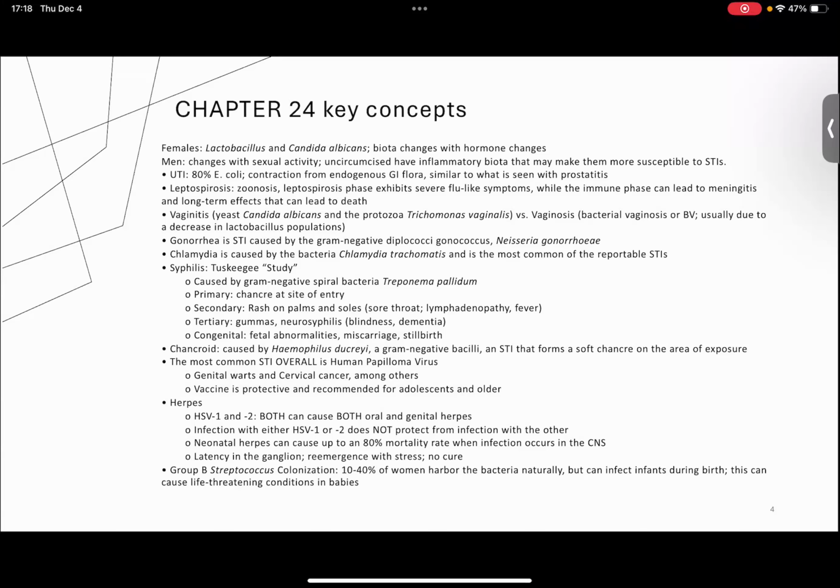This particular subspecies that causes the STI chlamydia is a different subtype than the one associated with trachoma. They're both Chlamydia trachomatis, but one subtype causes chlamydia. The other subtype is associated with trachoma, which is blindness. They both can cause the same thing, but one's more common. It's kind of like when we talk about herpes in a little bit, okay?